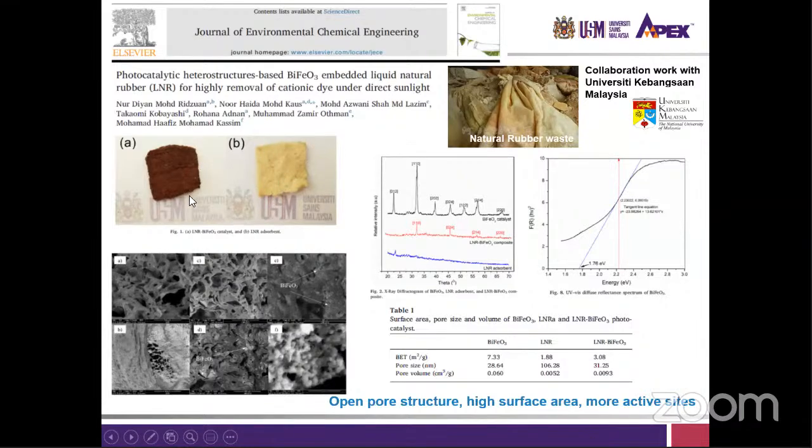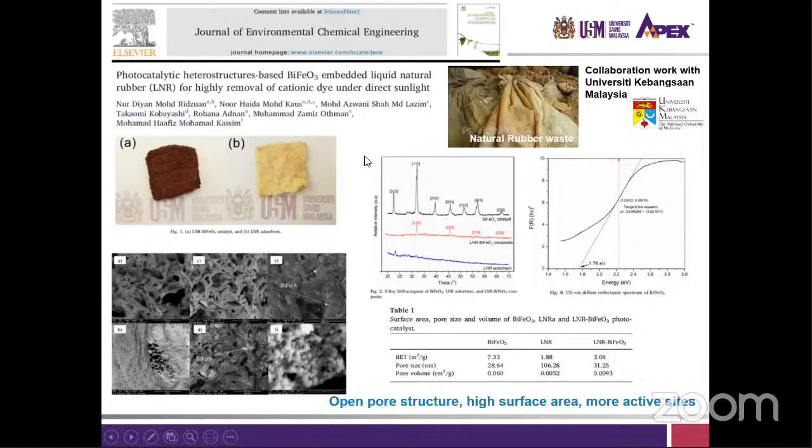These adsorbents contain the bismuth ferrite photocatalyst, and it can react really well towards direct sunlight, rather than just adsorbing the pollutants. It can convert pollutants into intermediates and finally into water, carbon dioxide and simple molecules.